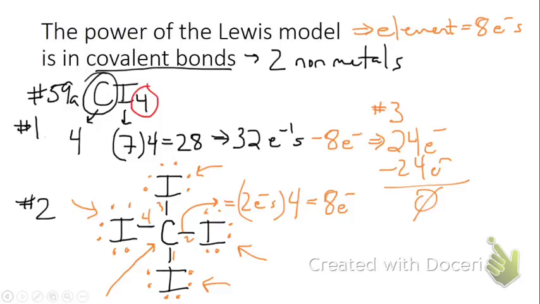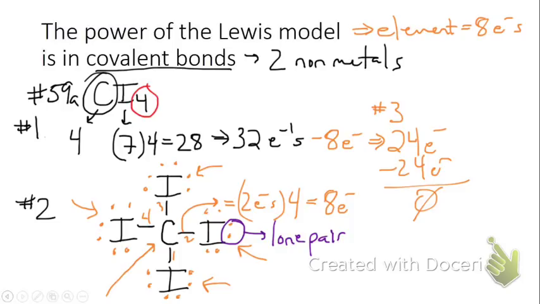Before we go on and look at another one, I want to just quickly bring up, there's two different types of electron pairs that we're going to talk about. Here's one type of pair. This is known as a lone pair. Lone pairs do not participate in bonding. They are usually on the outside of elements.